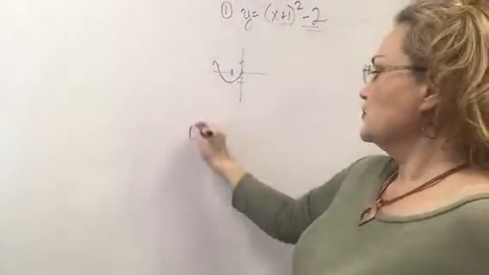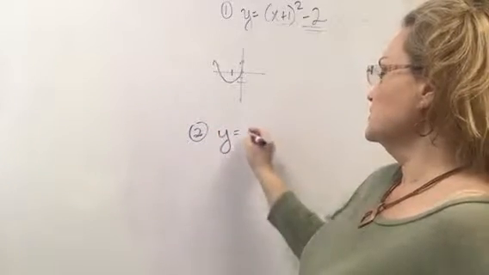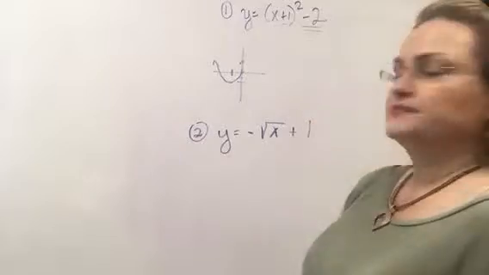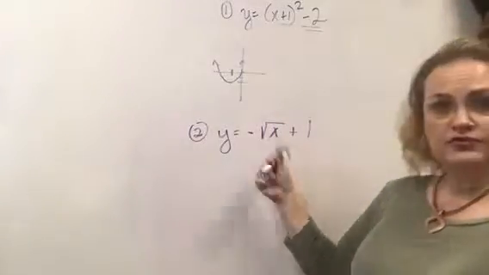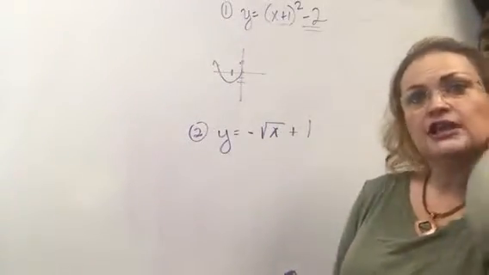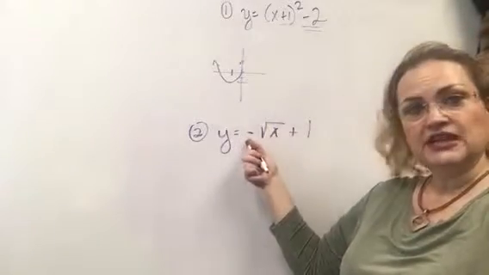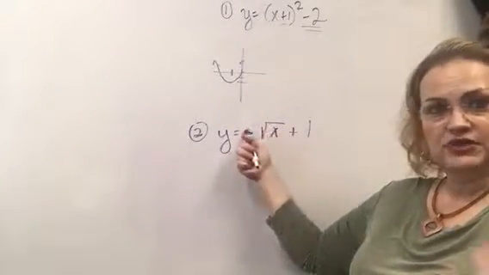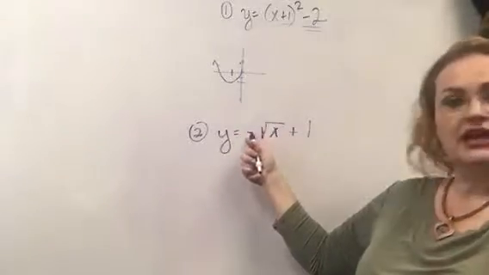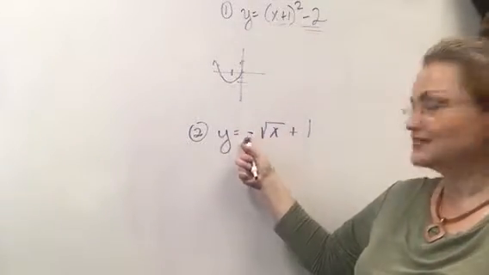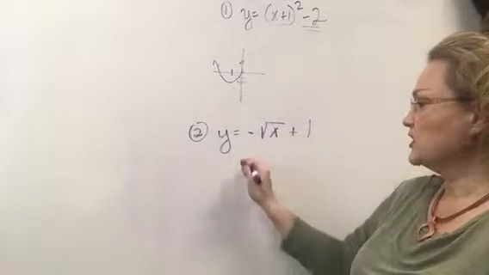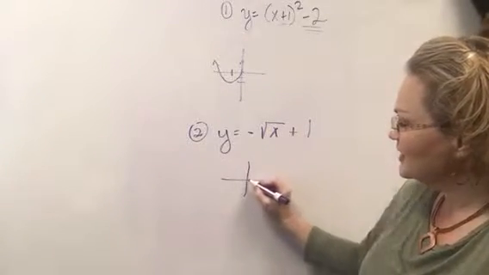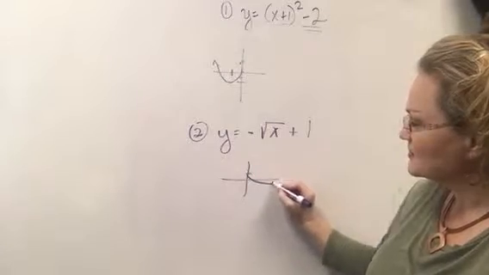Okay, a second example. Let's put a negative sign in this one: negative radical x plus 1. This is our square root function. It looks like the little arc shape. It's going to be flipped upside down. The negative is independent, outside of the operation symbol, so it flips it upside down across the x-axis and then moves it up 1 place. So it's going to be this way and then up 1, something like that.